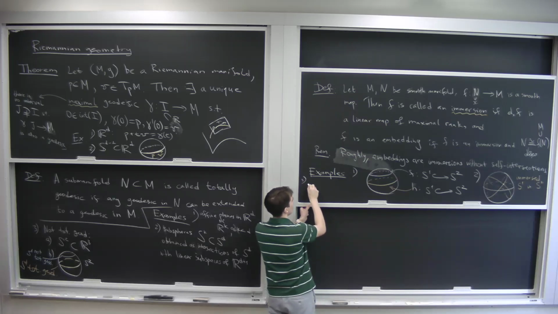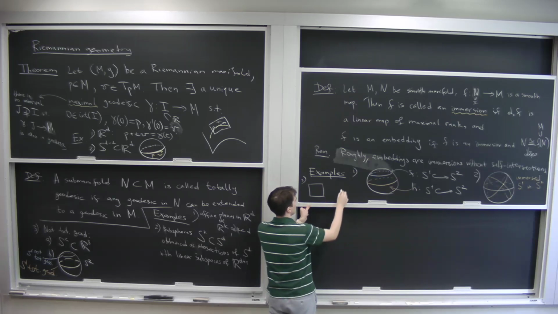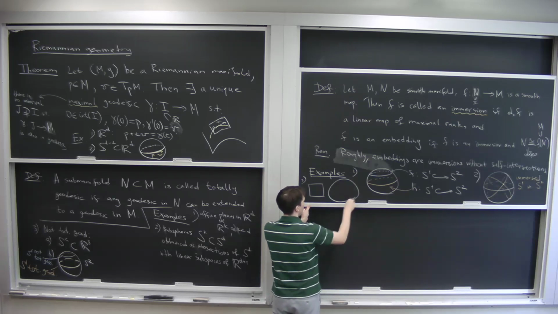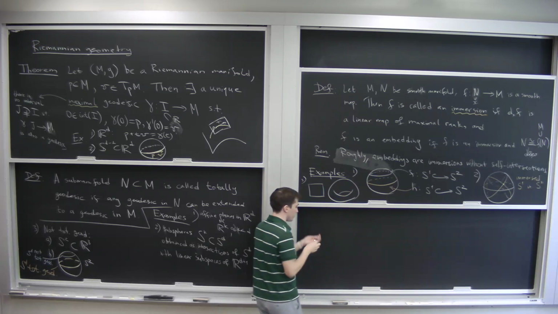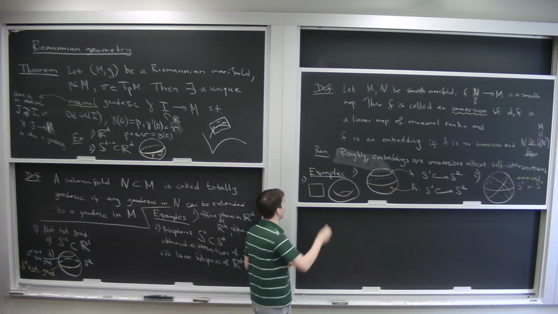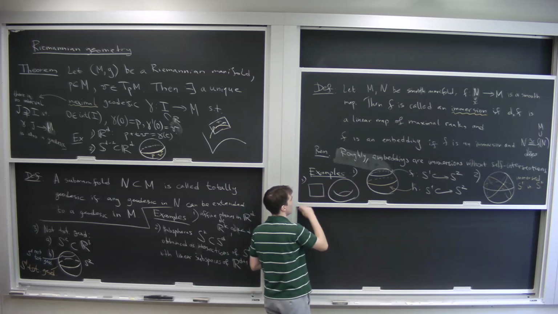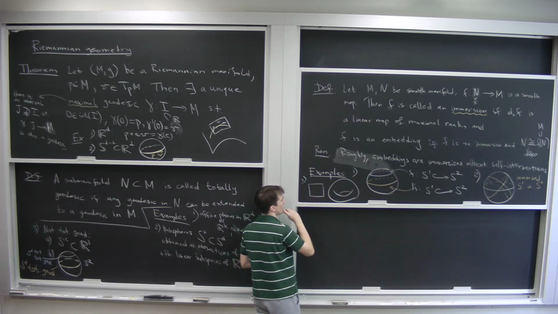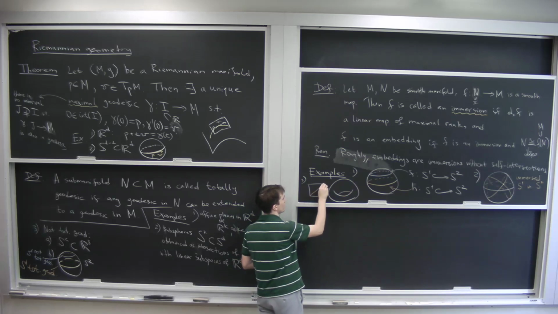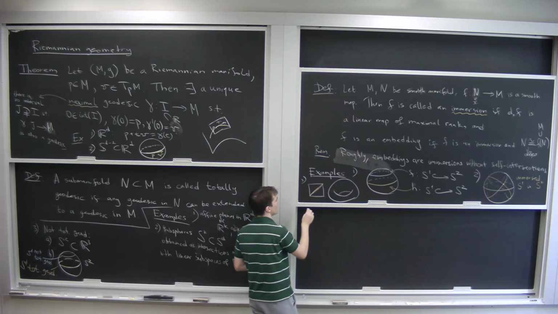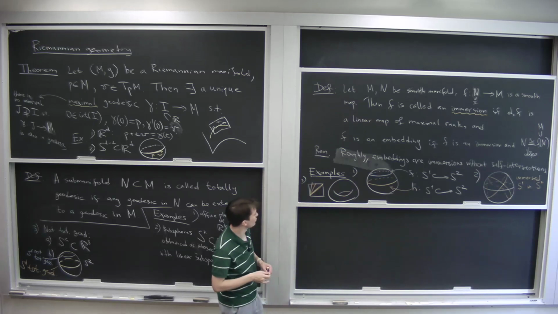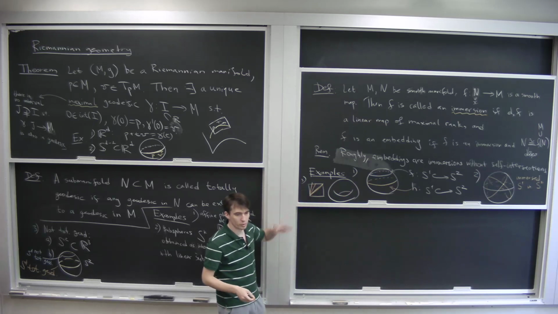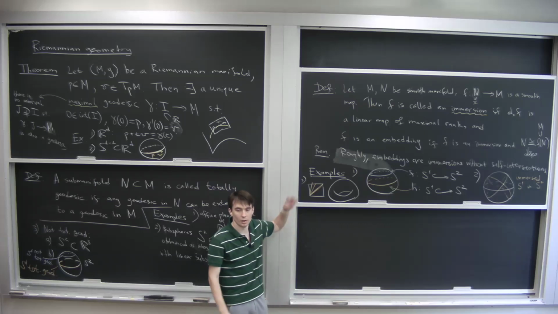So I'm taking a square, and this is my torus, right? I can just start drawing lines, changing the angle.